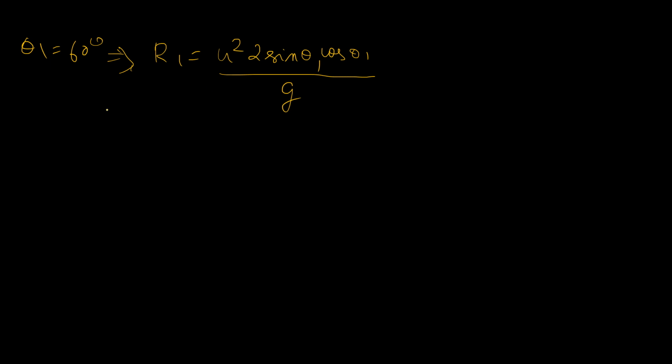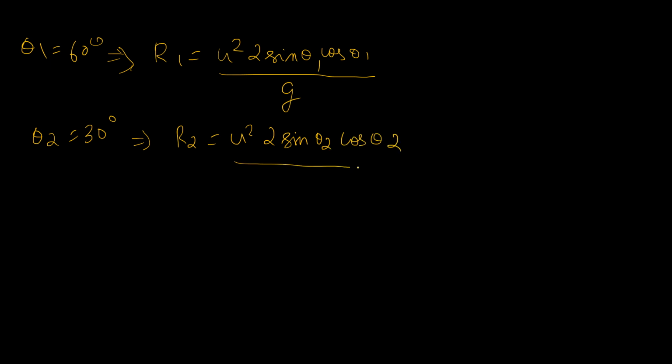Okay, this is R1. And in case of theta 2 equal to 30 degree, what is R2? R2 is equal to u square 2 sine theta 2 cos theta 2 by g. Let this be equation number 1. I'm not substituting the values as of now.